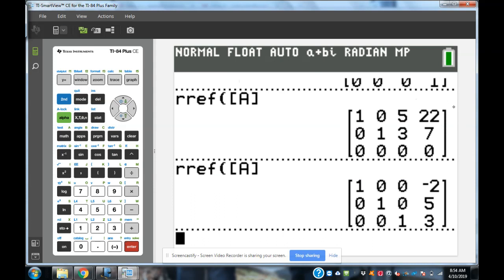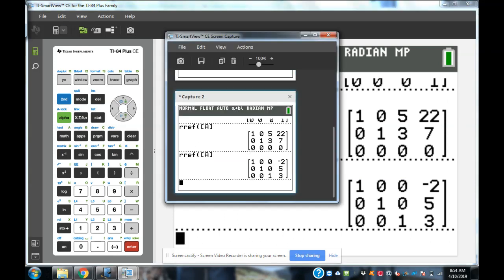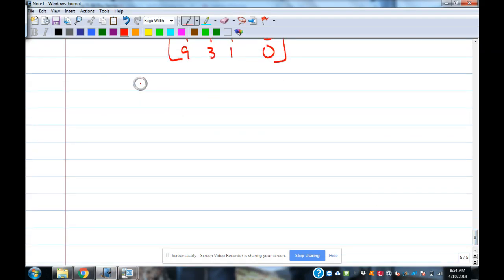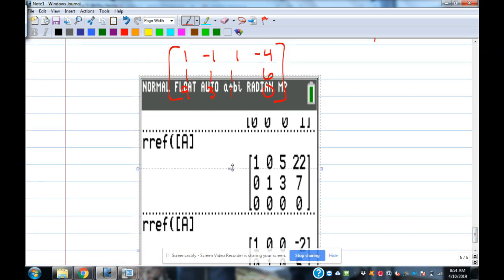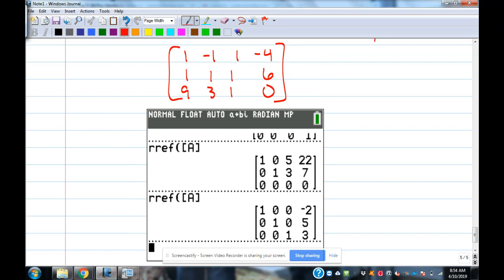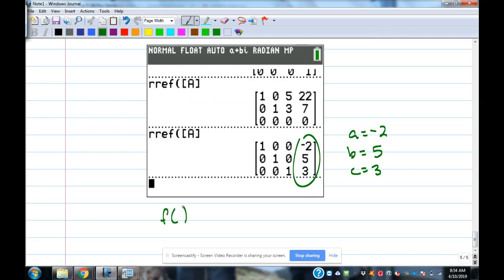And that tells me that A, B, and C, this tells me I have an answer, and A, B, and C should be -2, 5, and 3. So my quadratic would be f of x is equal to -2x squared plus 5x plus 3.